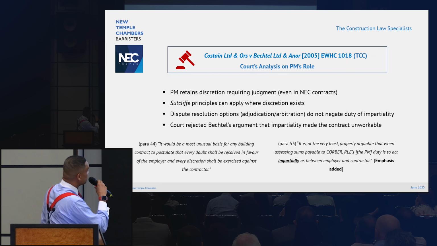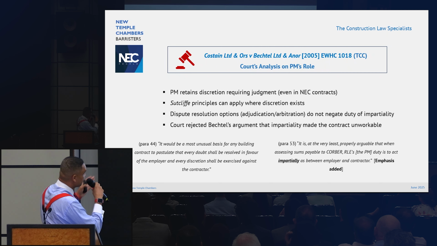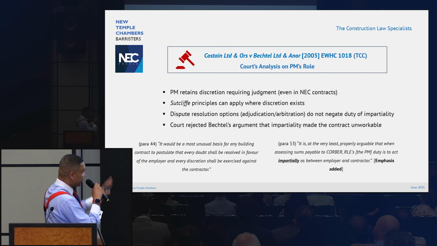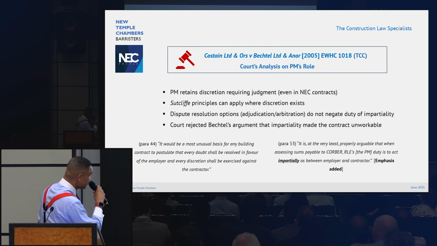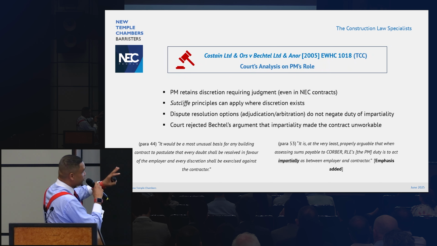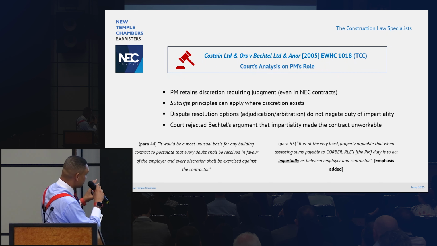It was decided by the court that the PM retains the discretion requiring judgment in NEC contracts. However, principles in Sutcliffe apply where that discretion exists. And the court overall rejected Bechtel's arguments in relation to impartiality and made it quite clear that it was unworkable.